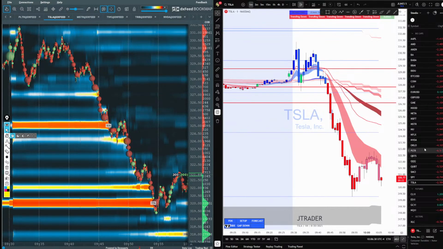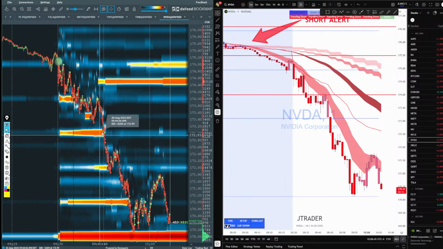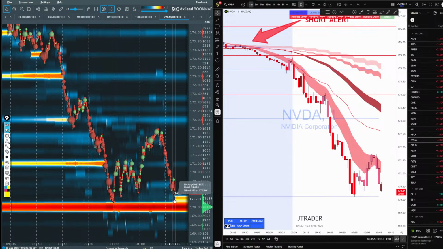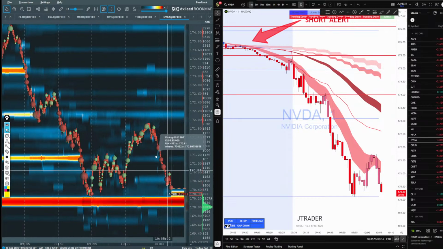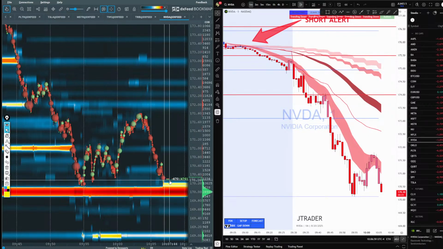It will simply kill you. And the same thing if you do it on something like NVIDIA that we were looking at before. We had some big heat maps over here. This was huge, okay, 173. But look over here at the price action. And it's even over here, 170. Should I go long? No. Why? Because the majority of these dots are still red, okay?